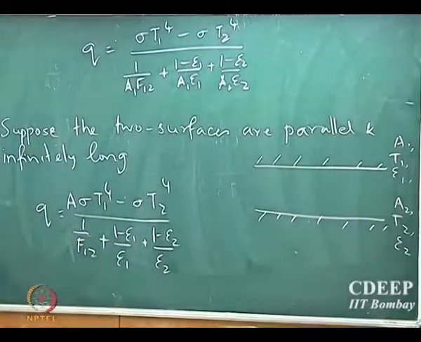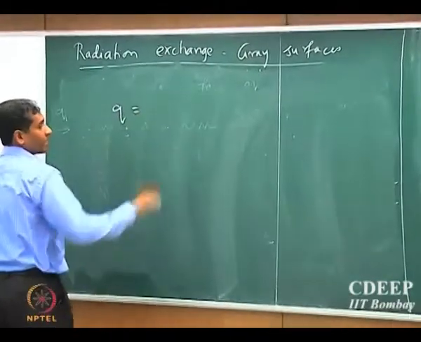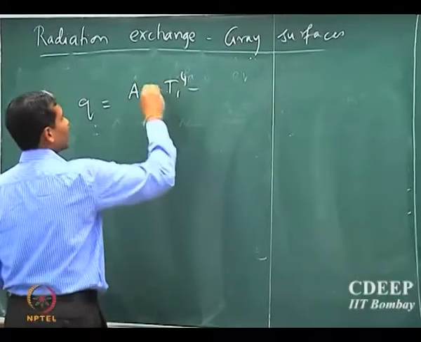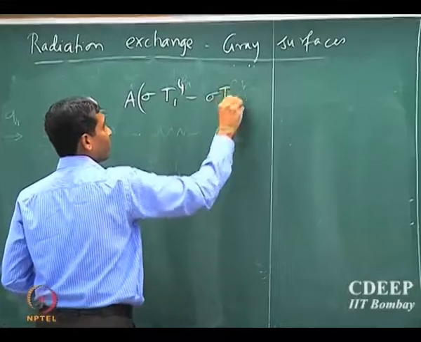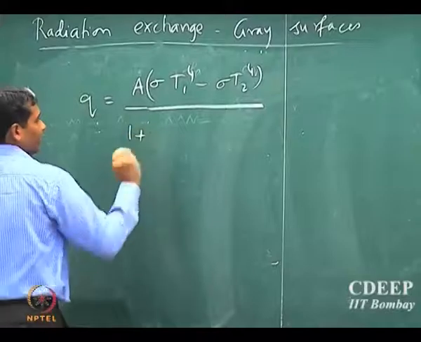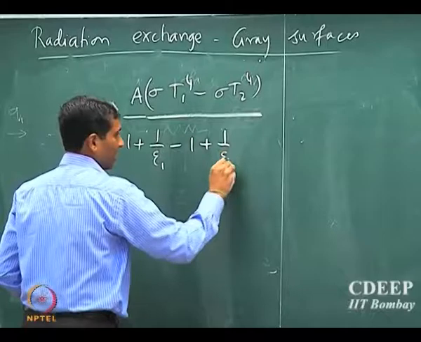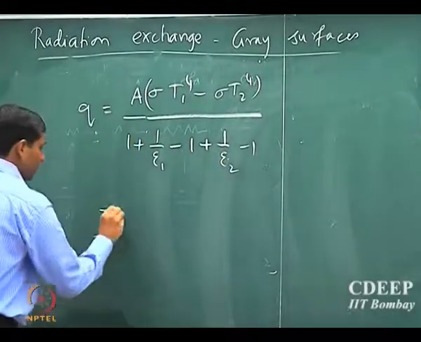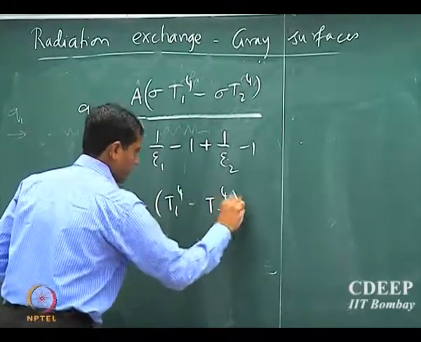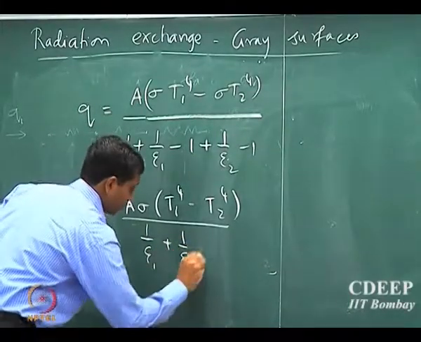So, therefore, the net radiation exchange will be A sigma (T1 to the power of 4 minus T2 to the power of 4) divided by 1 plus (1 by epsilon 1 minus 1) plus (1 by epsilon 2 minus 1). So, that will be A sigma (T1 to the power of 4 minus T2 to the power of 4) divided by 1 by epsilon 1 plus 1 by epsilon 2 minus 1.